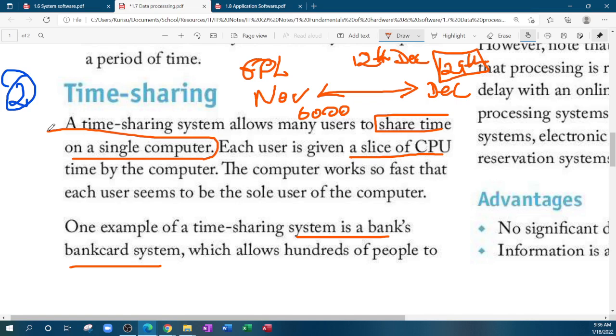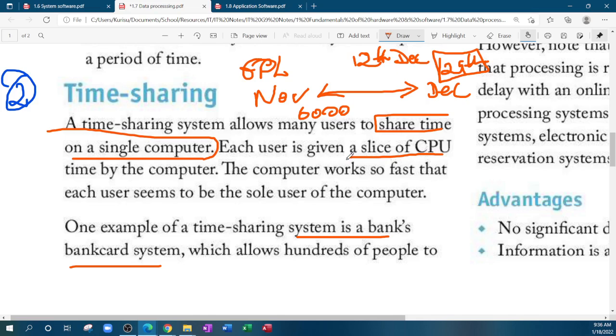Time sharing is when you can share that single system. Either multiple programs can use that same system, or multiple persons can use that same system. That is called time sharing. Using a single system, either multiple programs or multiple persons are going to use the system at the same time.